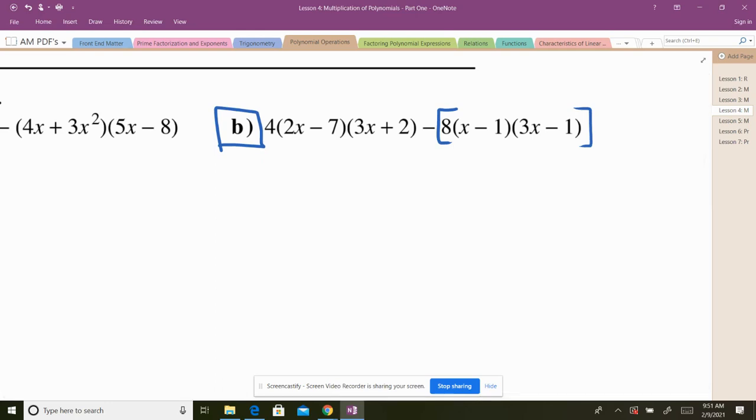Brackets? Okay. So we go 2x times 3x. Give yourself a bit of room because it's going to get really long. But then a whole bunch of stuff cancels. So 2x times 3x is 6x squared. 2x times 2 is 4x. Negative 21x minus 14.